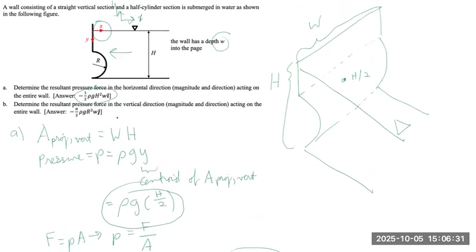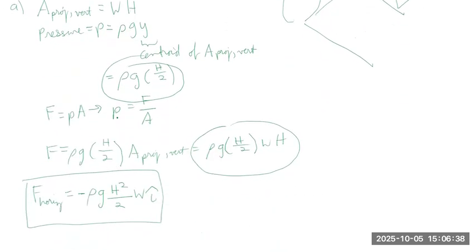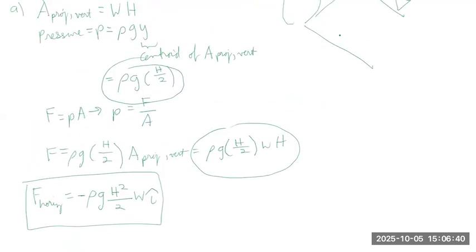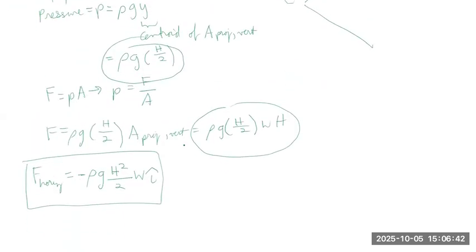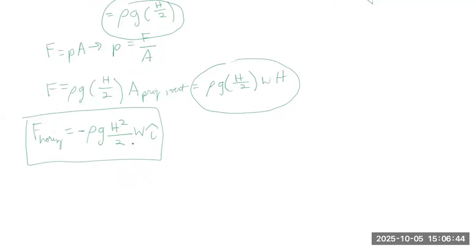An alternative method that we could have used is integration. If we integrate, we will get that force is equal to the integral from 0 to H of rho g times W y dy.